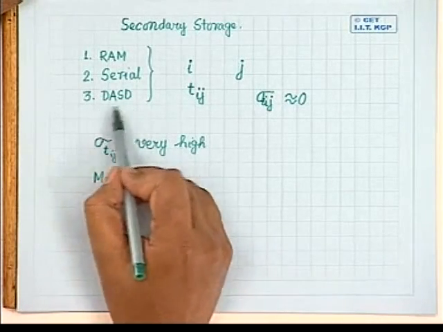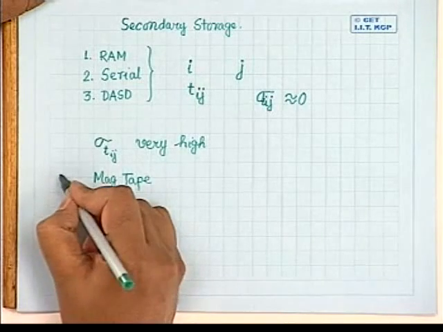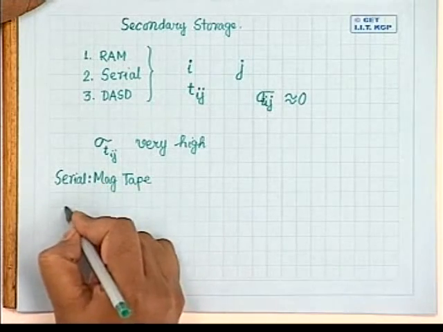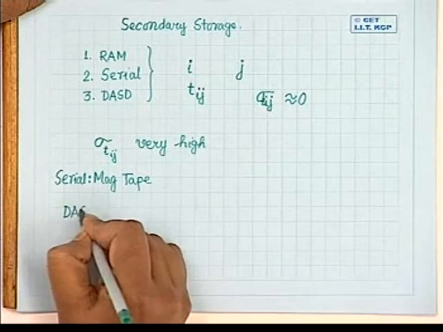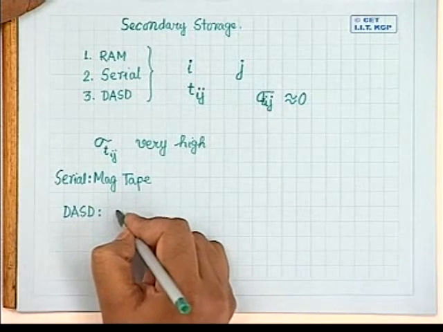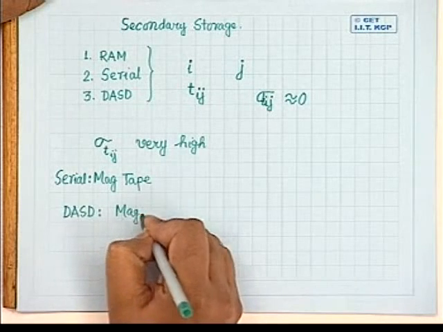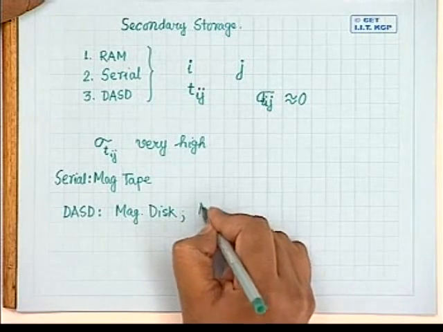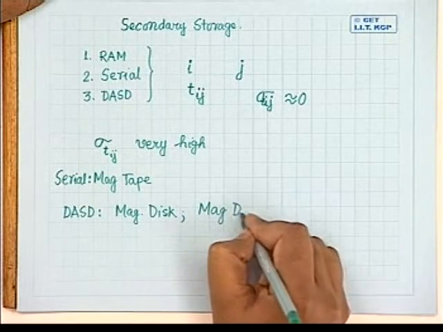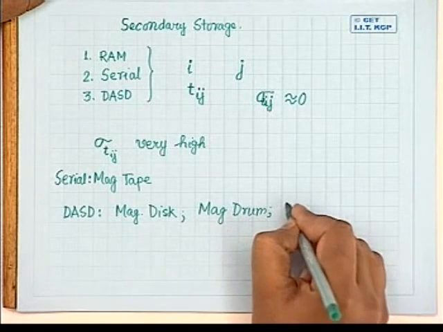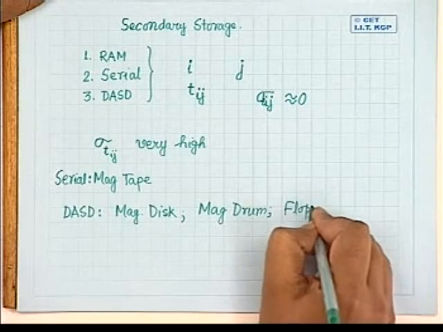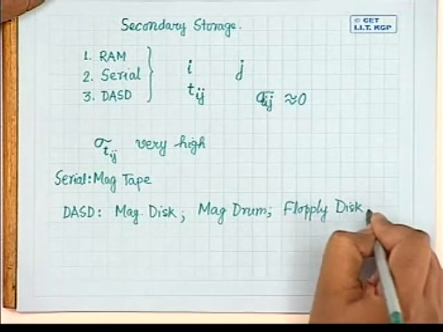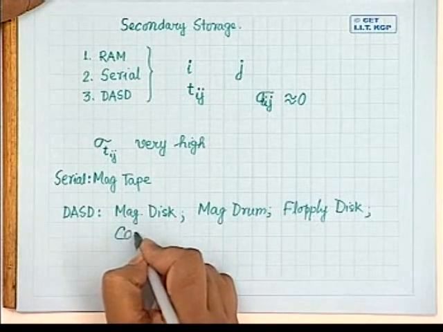Typical examples of DASD, so this magnetic tape is a serial storage device, and the typical examples of DASD can be a disk, magnetic disk, that is the disk that we use. It can be a magnetic drum, it can be a floppy drive or floppy disk, or even it can be your compact disk or optical disk.